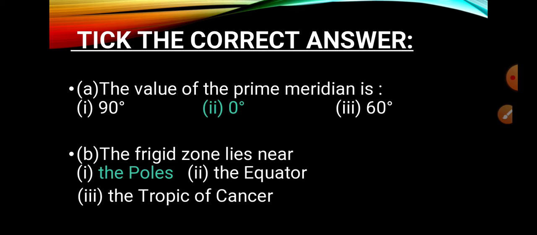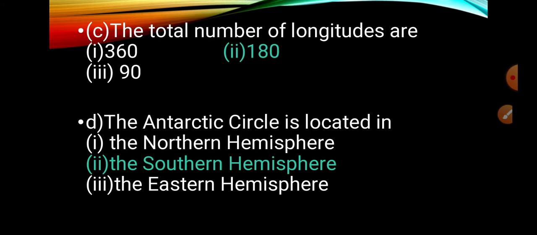B, the frigid zone lies near the poles, near the south pole and near the north pole. The total number of longitudes are, what is the total number of longitudes? The right answer is 360. Please correct it. The right answer is 360.